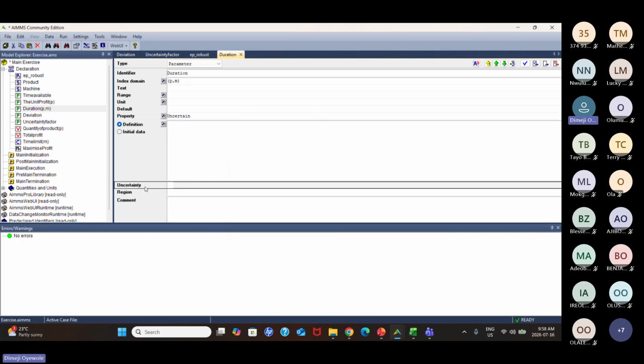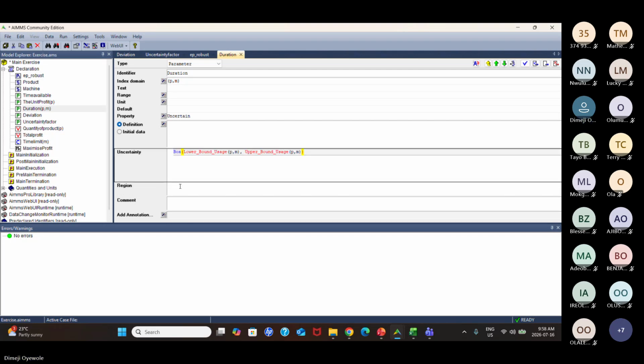So under that, uncertain is going to bring out this. Under this, you just put your box. Don't forget that we said that there are different uncertainty sets. We have the box or the interval, we have the ellipsoid, we have the convex hull, we have the budgeted. So here we have the box. So I'm using the box here. In the box, you will now open the brackets.